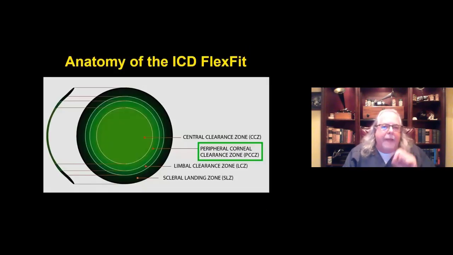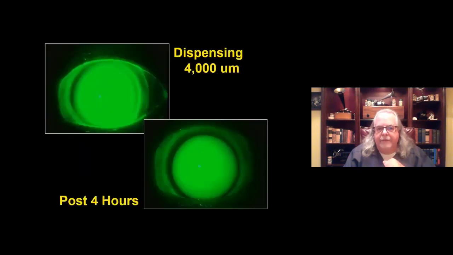Now, perhaps the curve that is most critical for me clinically is this peripheral corneal clearance zone, the PCCZ. Now, this is that first tangent, that first angle after the base curve of the contact lens.